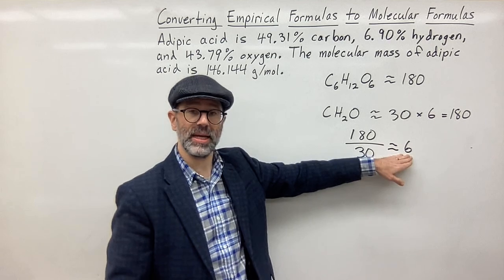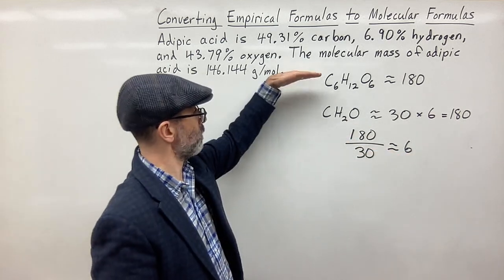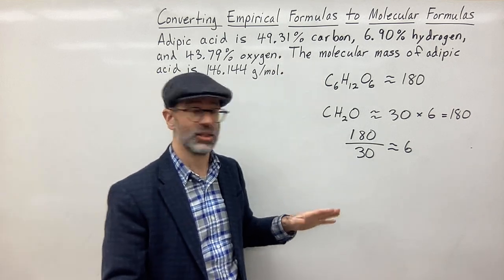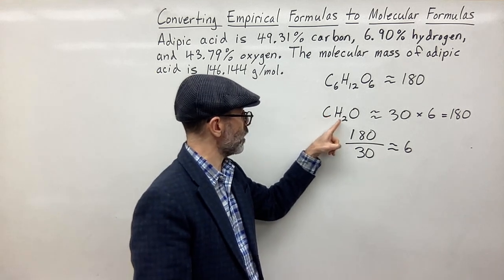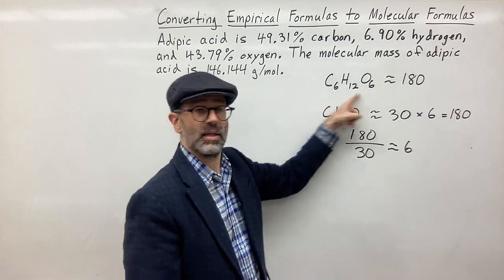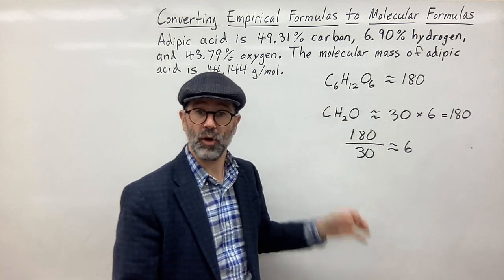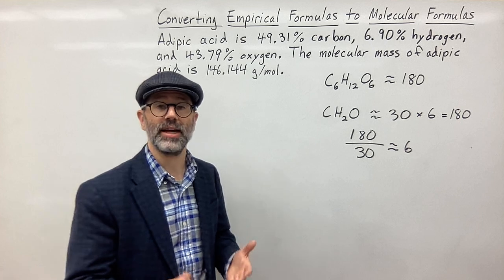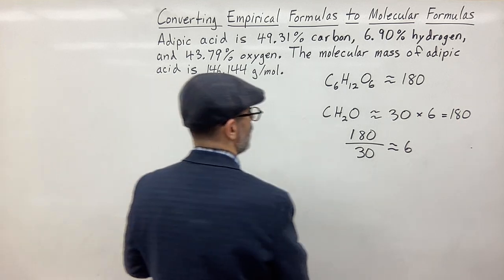So that tells me that the difference between my molecular and my empirical formula is going to be a factor of 6. So I multiply the subscripts here by 6 to get the subscripts of my molecular formula. And that, in a nutshell, is how you're going to find the molecular formula. So let's go ahead and get into this problem.